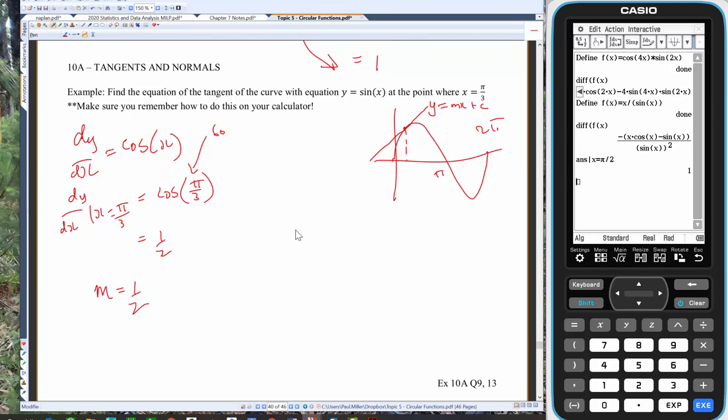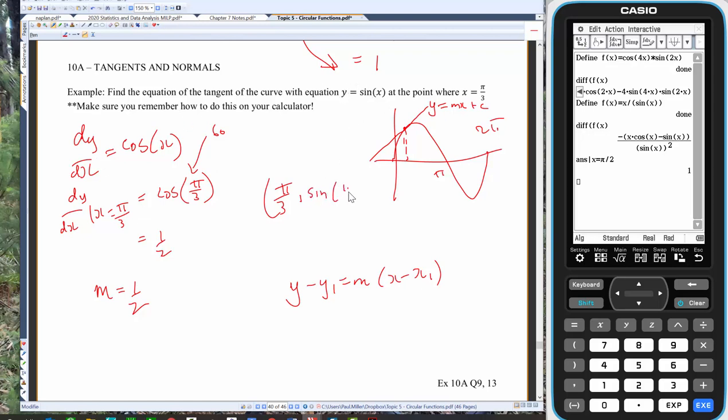All right, now what else do I need? So y take y1 equals m, x take x1 is the formula that I want to fill in. I've got my gradient. I just need an x1 and a y1 to finish this formula off. I've already got an x, so it's pi on 3. What I just need is the y value to complete this. So the y value is going to be obtained by just inserting pi on 3 into the function.